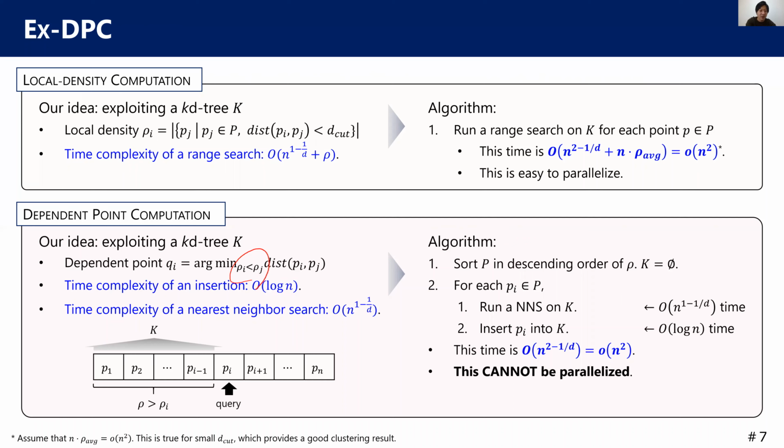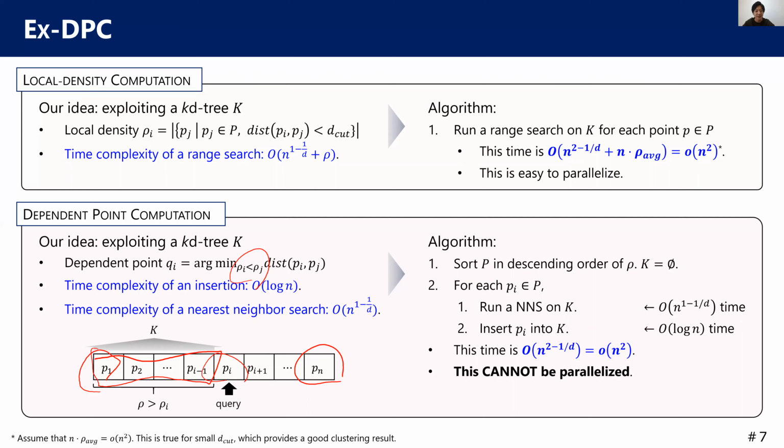In this figure, P1 has the largest local density and PM has the lowest. Now we want to compute the dependent point of Pi. We see that P1 to Pi-1 have larger local densities than rho i. So the dependent point of Pi exists in this subset.